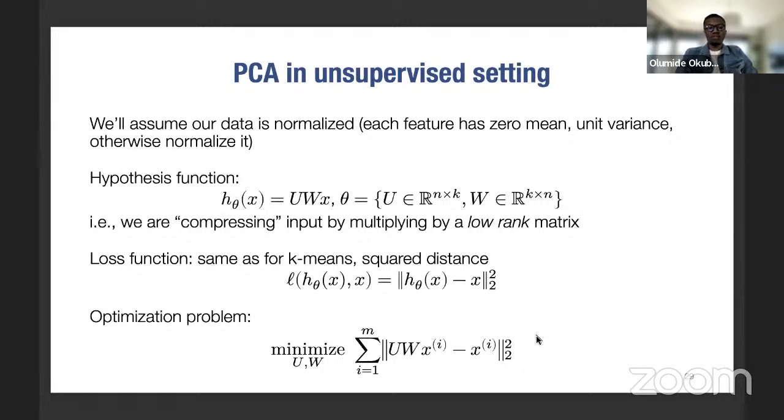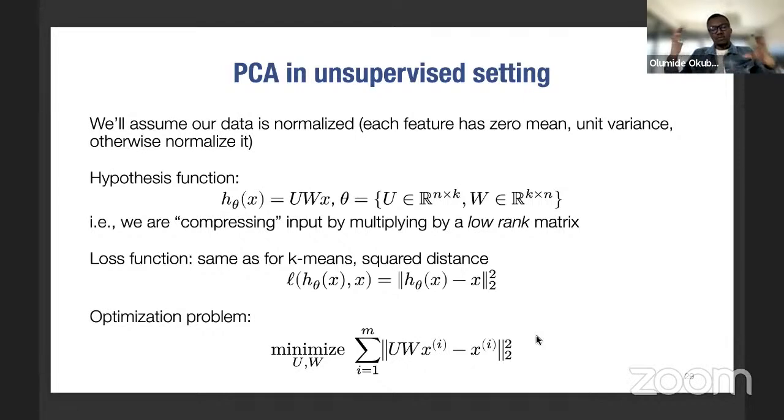We will minimize over some data points, U and W, and we try to minimize the transformation of X using matrices U and W to X. One of the reasons why this notation is very convenient is because X is no longer in n-dimensional space, but usually k-dimensional space, right?